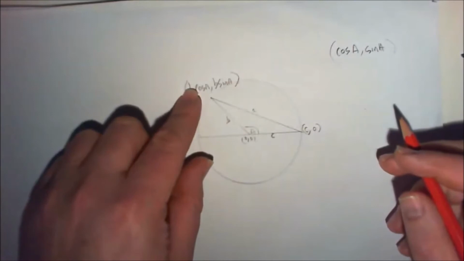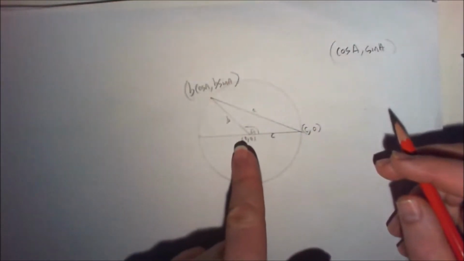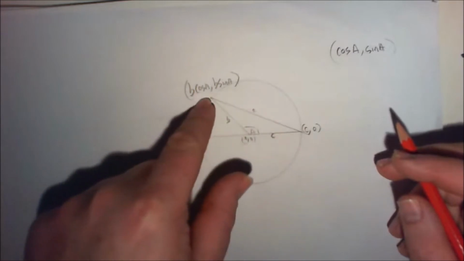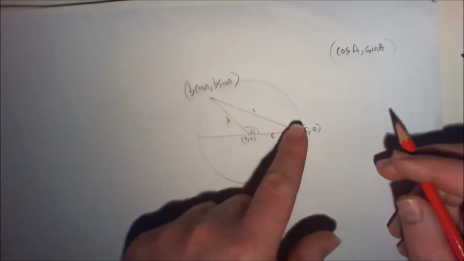So that's that one. Now, this is where it gets really cool. Is there a way of expressing the distance between this point and this point? Well, there is.